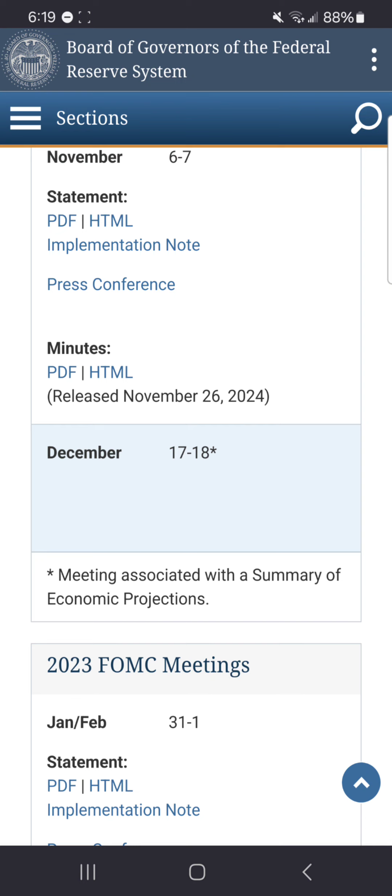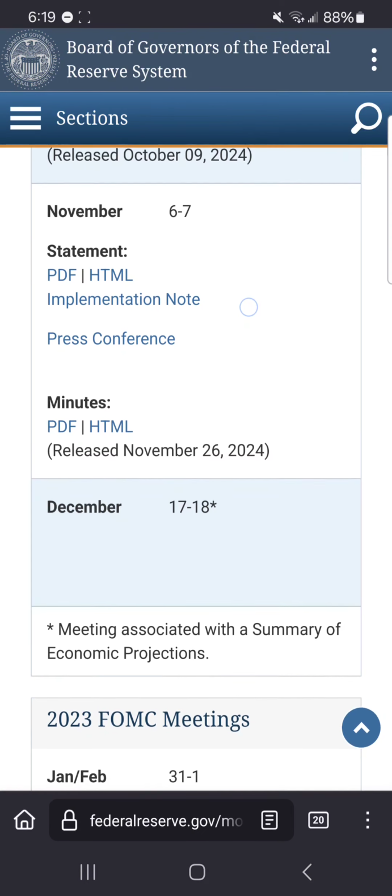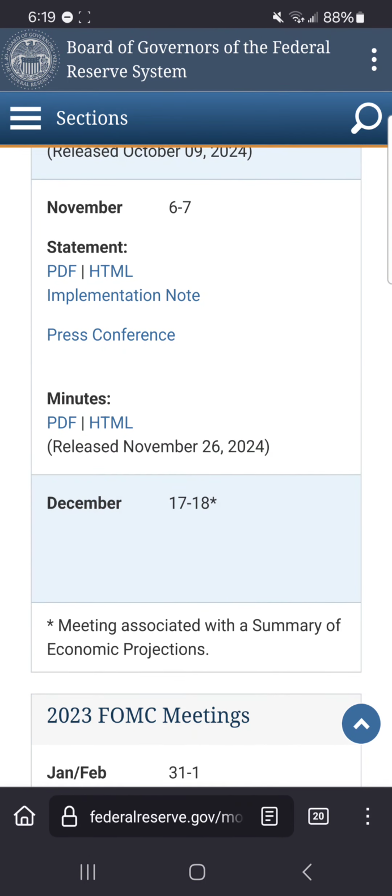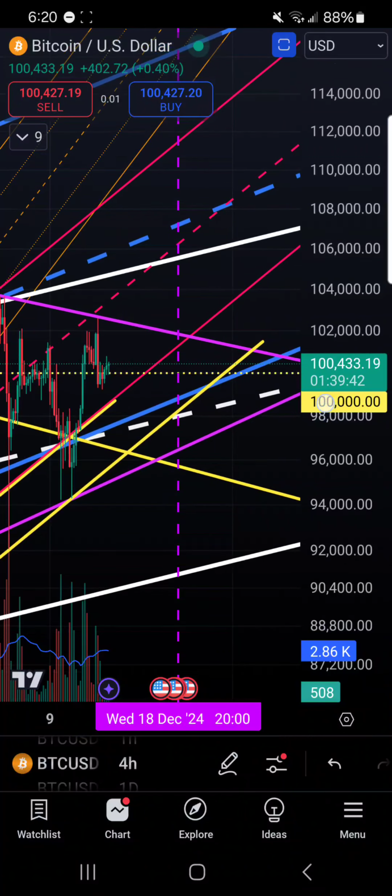And the asterisk says meeting associated with a summary of economic projections. And that's when all the members put their little dots on their chart about where they project things to. All right, back to our chart here.